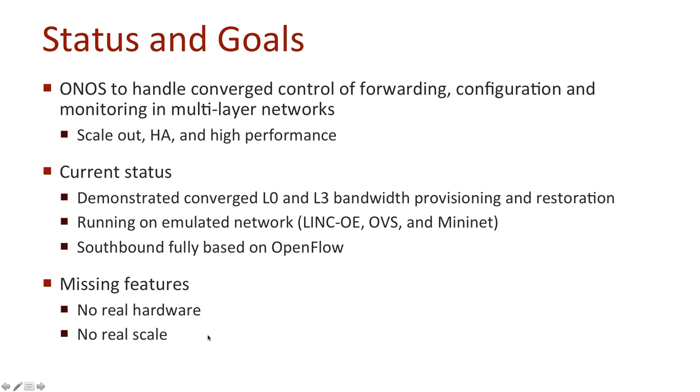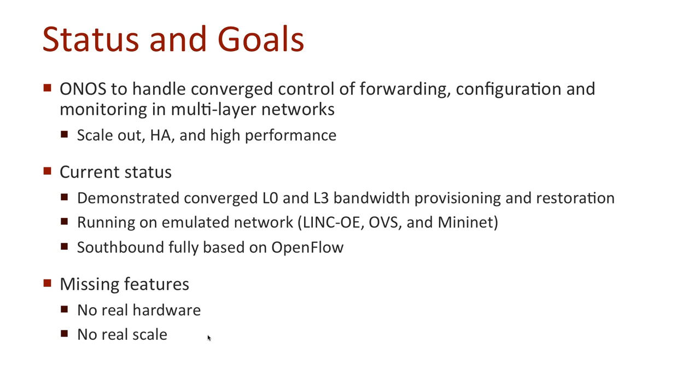So just to set the stage, what is the overall objective of this use case? We want to build an operating system that can handle everything necessary to run a multi-layer network, and fully in line with ONOS' main objective, we want to do this while offering scale out, high availability and high performance.